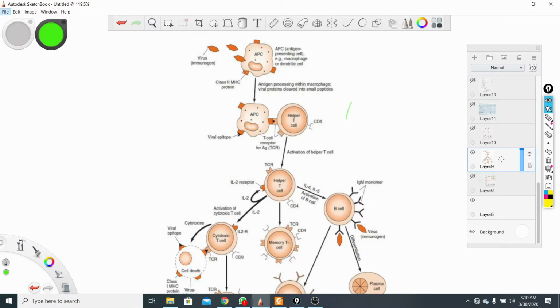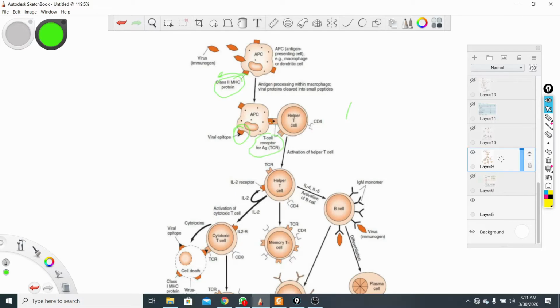After this, the class 2 MHC proteins are flagged on the APCs, basically flagging a portion of the virus. This viral epitope, as you can see here, is flagged by the MHC and is then presented to the helper T cells.